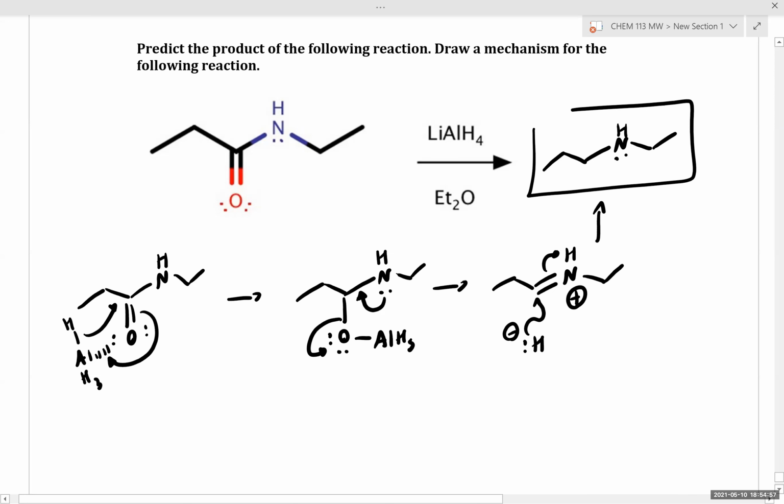Does this mechanism make sense to everyone? Any questions on this mechanism?